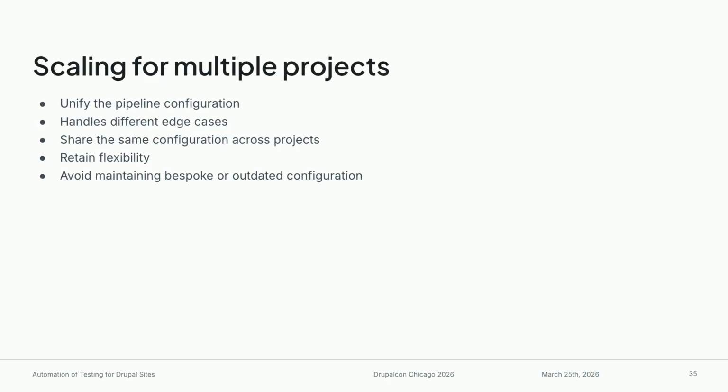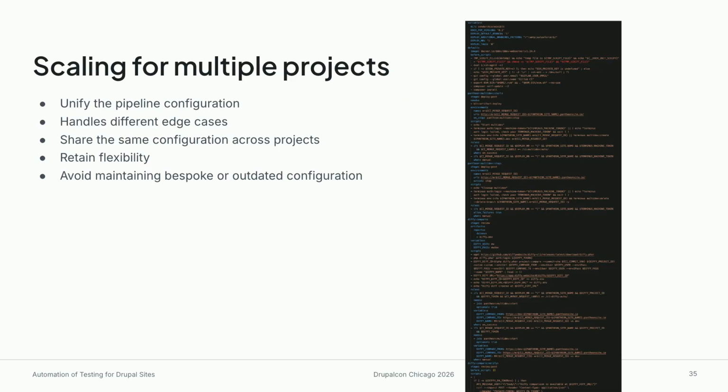There tends to be an explosion of edge cases and different things we want to fine-tune, but we still want to have one reference configuration to keep current and avoid having bespoke configuration on each and every project. Otherwise, when we go back to an old project, we don't have the same tooling as the most recent one. So it tends to be a very big GitLab CI configuration.